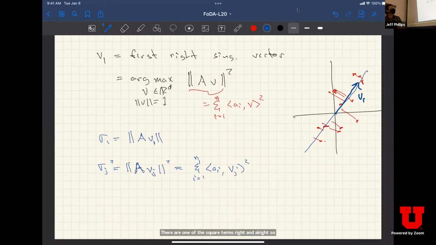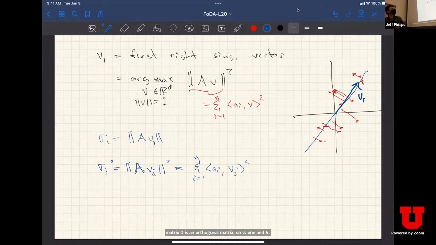So I'm maximizing this for V1. And then for V2, I know it has to be orthogonal to V1 by definition. V is an orthogonal matrix, so V1 and V2 have to be orthogonal.